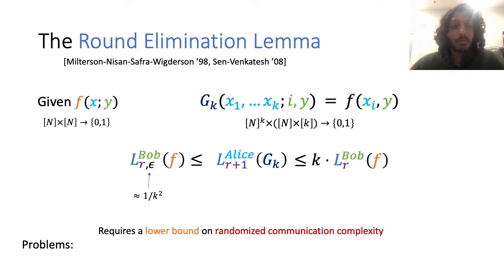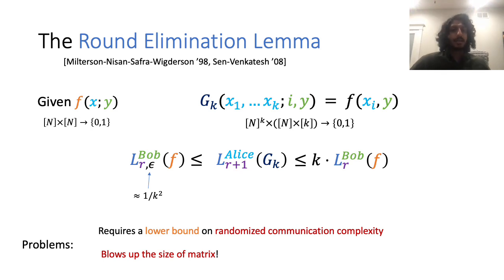So that's a problem. The other problem is that it blows up the size of the matrix dramatically. To get the parameters to be good here, you might need a sub-exponential size reduction, or sub-exponential time reduction here.